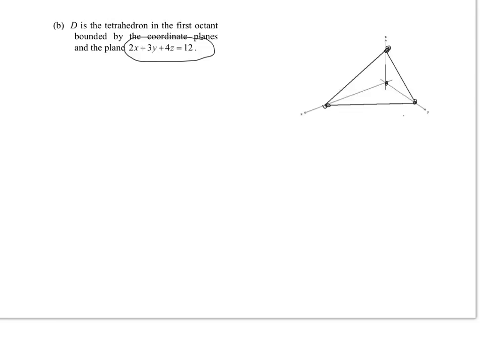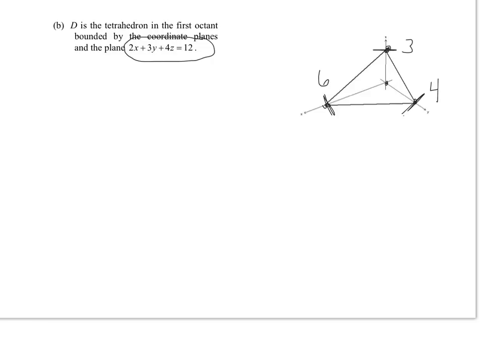And it's also not difficult at all to ascertain that that plane intersects the x-axis, whoops, the x-axis is over here, at 6. It intersects the y-axis at 4. And it intersects the z-axis at 3.